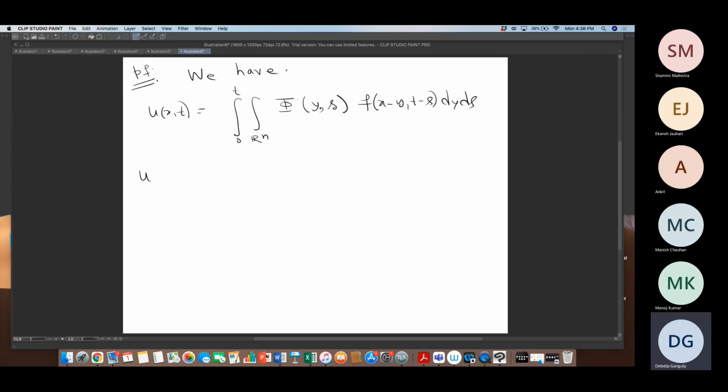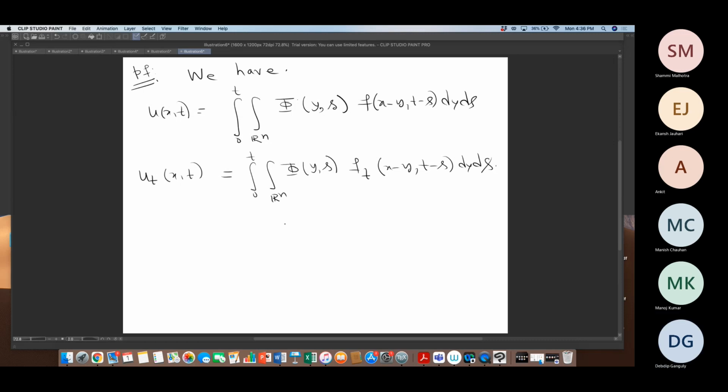Now what will happen? u at x, t is the integral from 0 to t over Rn of p of y, s, f of x minus y, t minus s, dy ds, plus the other term. Why have I written this down?